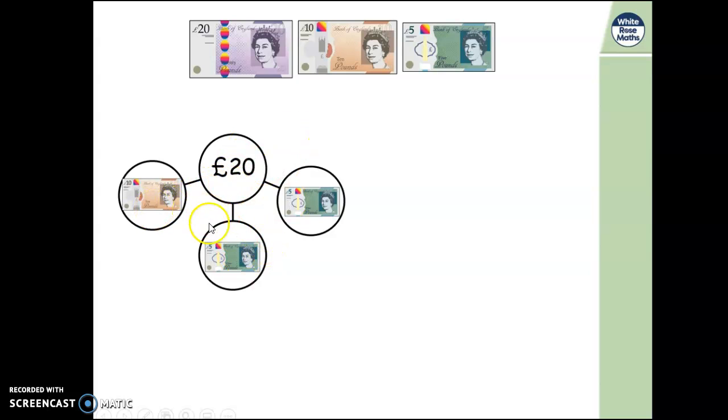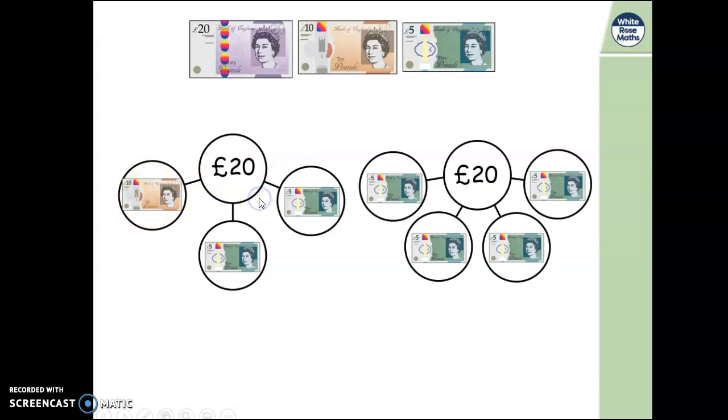I could split one of the 10s. 5 add 5 is 10. 10 add 10 equals 20. Split it into 3. What about if I split this £10 again and use a £5 note? I could split it into 4. Look, 5 add 5 is 10. Add 5 is 15. Add 5 is 20. Just counting in 5s.